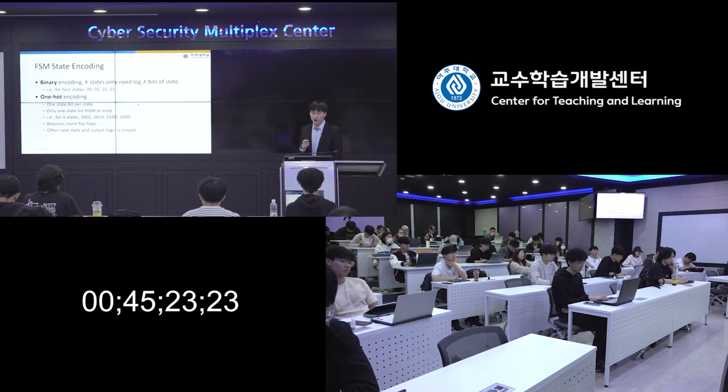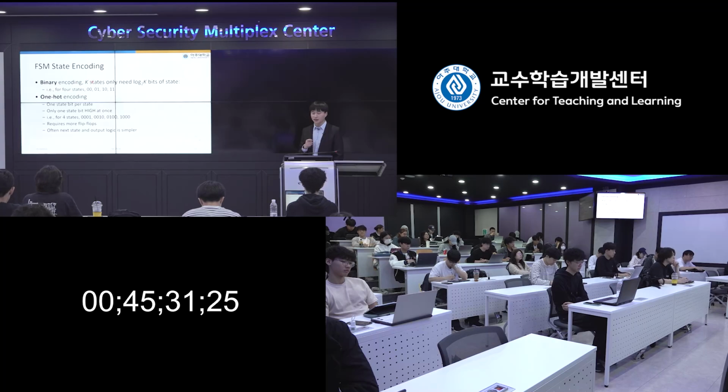Okay, in the last lecture, we also looked at binary encoding and one-hot encoding. So far, we have just used binary encoding. Binary encoding is when you have k states, it needs log2 k bits of state to represent the k states. For example, if you have 4 states, you need 2 bits of state.